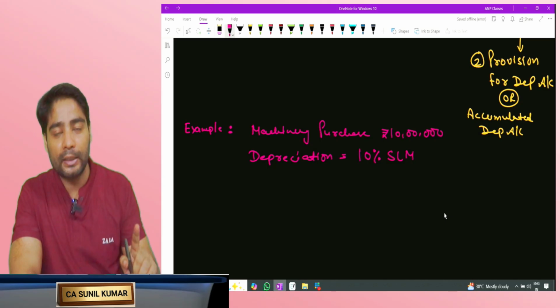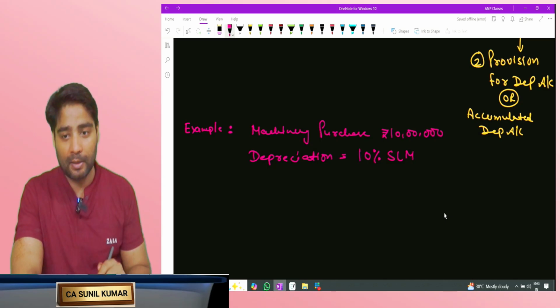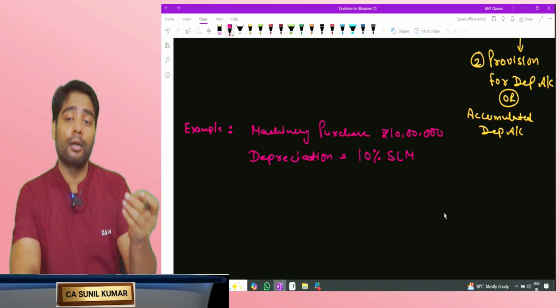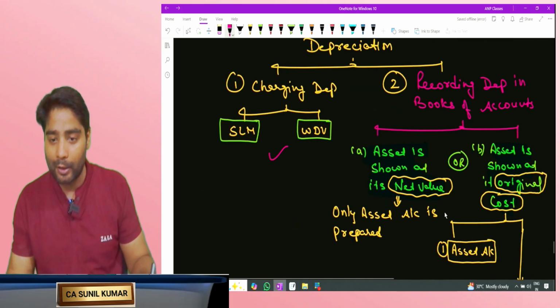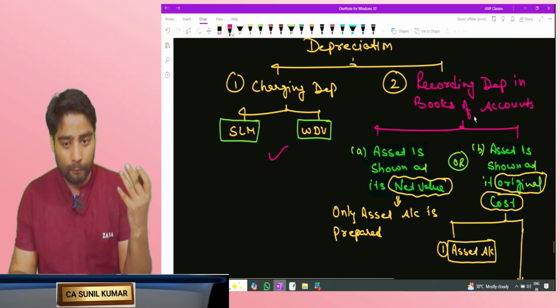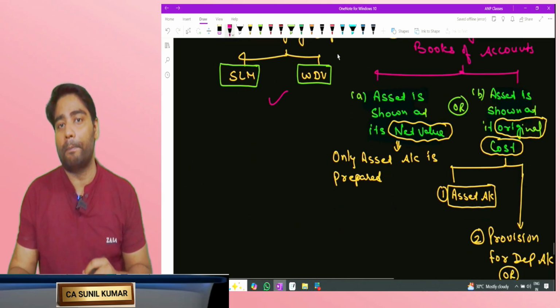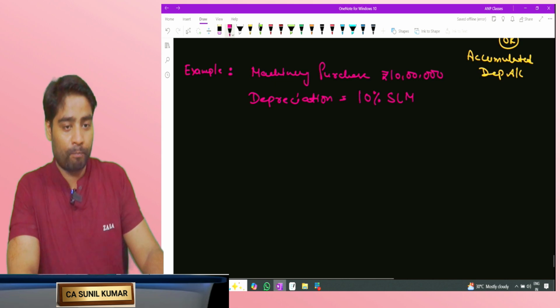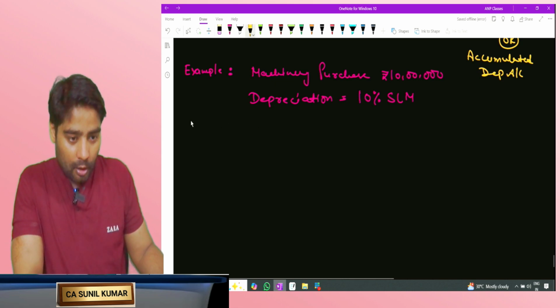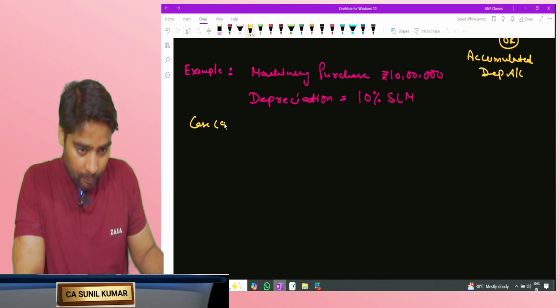So what is the method? The method is the straight line method. Now we shall check what will be the method of recording depreciation in the books of accounts. So let us take case number A.